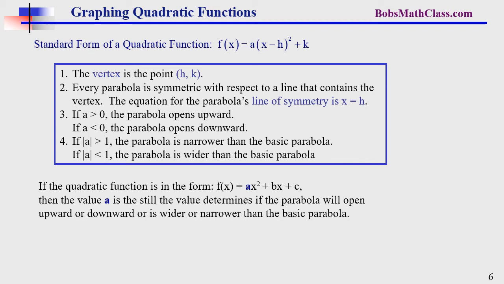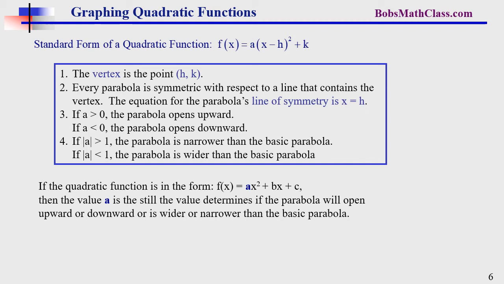Okay, if we do have it in this form, f of x equals ax squared plus bx plus c, the value a is still the value that determines if the parabola will open upward or downward or is wider or narrower than the basic parabola. So I just wanted you to know that those two a's are still the same.